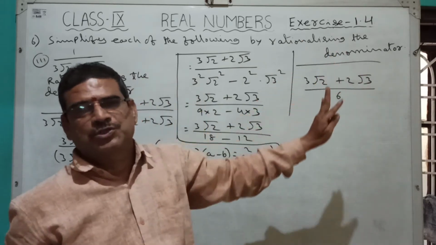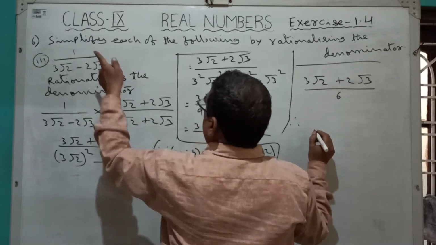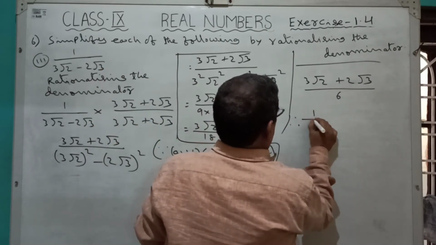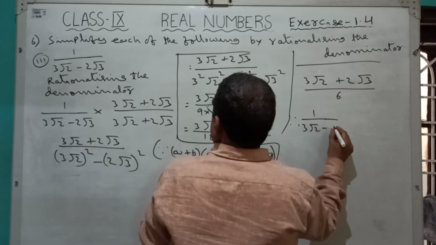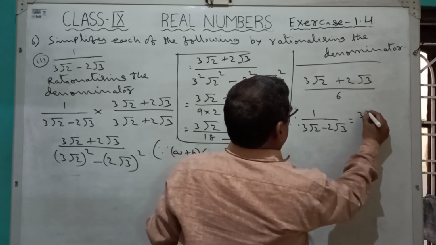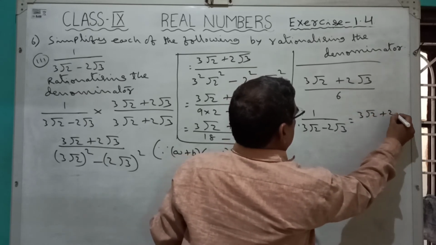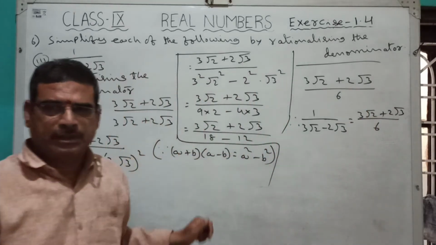So it is not possible. So this is the final answer. Therefore 1 by 3 root 2 minus 2 root 3 is equal to 3 root 2 plus 2 root 3 by 6. Okay.